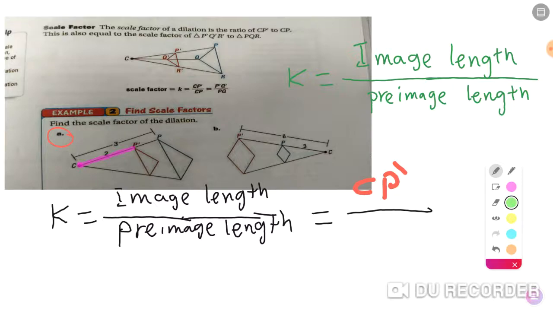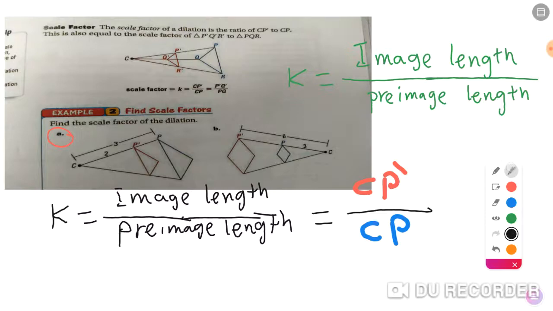Pre-image means the original point, the distance from the center of dilation to the original point, which is the line segment CB. It will be over CB. Since we are given the length, we can substitute.